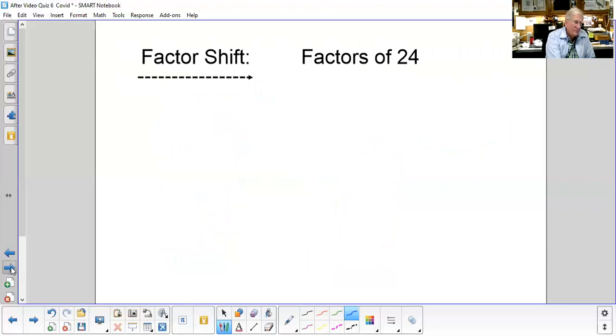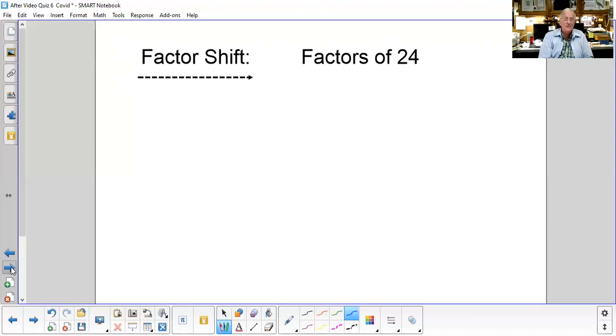All right, well, I'm going to maybe save this concept about the factor shift for our next class because it will be used to help us determine whether or not a number is prime or composite, okay?